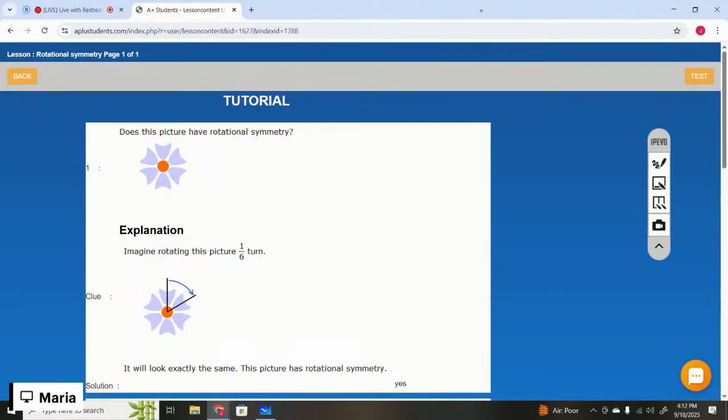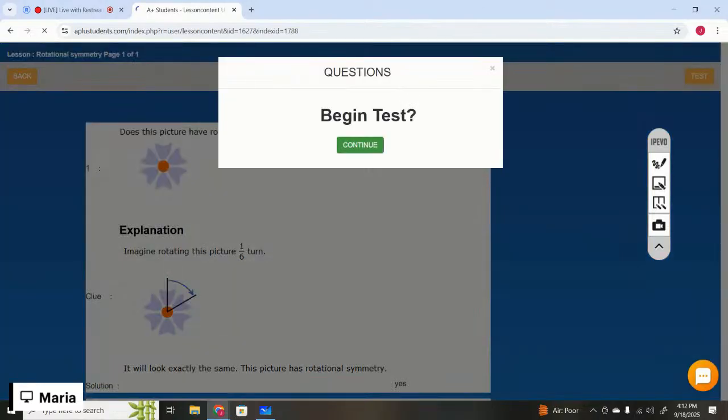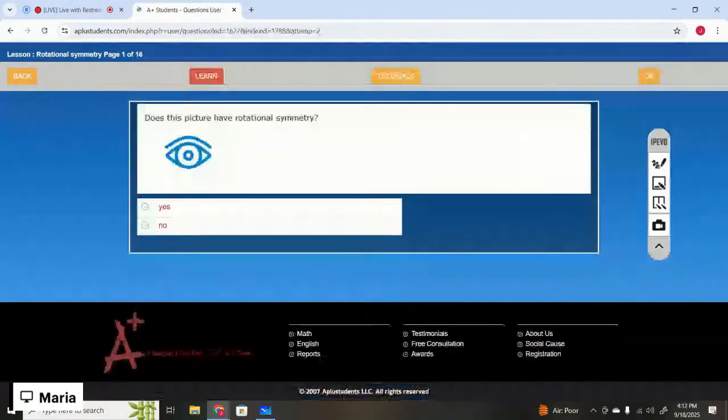Let's just start with the test questions. You need to rotate the image and you have to see if that is exactly the same. Then that means they have rotational symmetry.